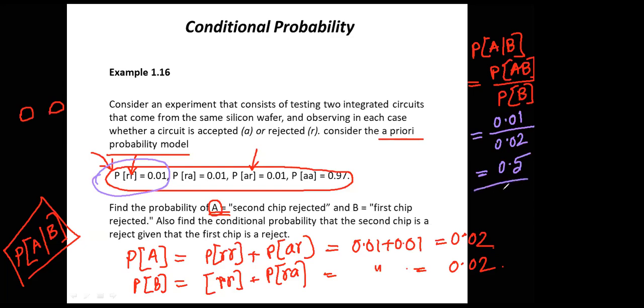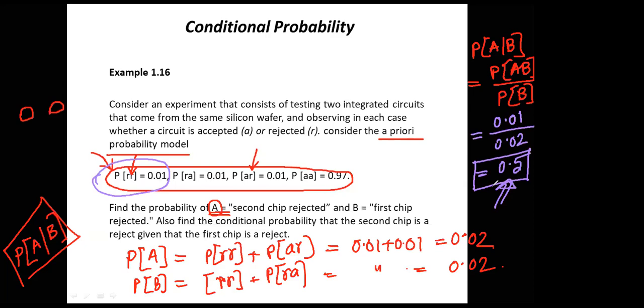What is this one? This is the probability of second one rejected, given that the first one is rejected. But why is it so high? Who can tell me?